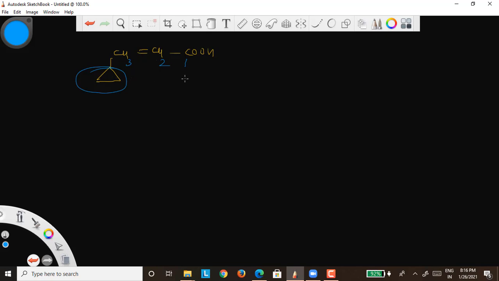So this name will be 3-cyclopropyl prop-2-en-1-oic acid. Cyclopropyl is the substituent, and the alkene starts from 2, so 2-ene, then 1-oic acid. So this is the name of this compound.